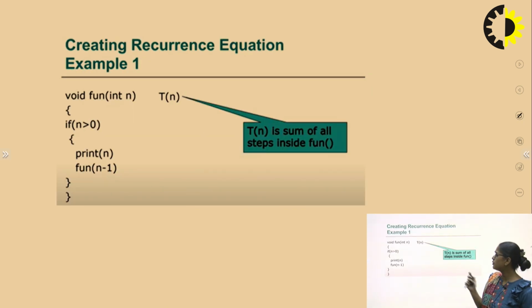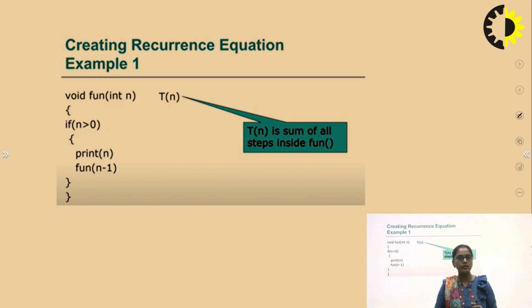Here is another example of how a recurrence equation is calculated. Suppose there is any function or code from an algorithm. We assume the complete code complexity is T(n), and the summation of the individual steps in this algorithm is also equal to the complete complexity T(n).